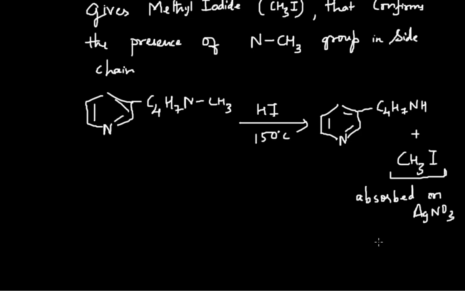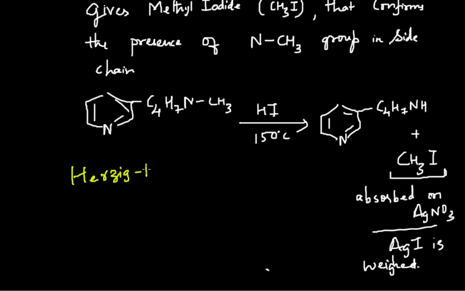So we get AgI. AgI is weighed to find out how many N-methyl groups are there. If there is only one N-methyl group, it will give the respective amount. Since only one, by this method, which is called the Herzig-Meyer method, that's how we know that there is an N-methyl group in the side chain.